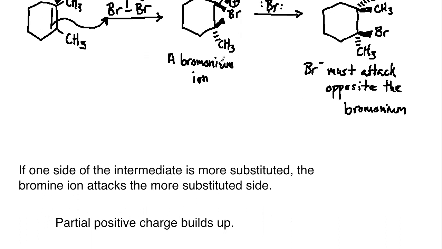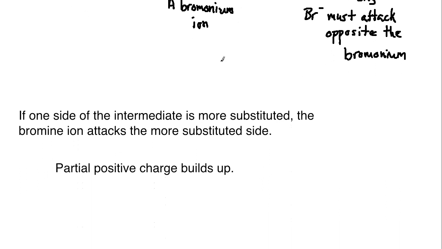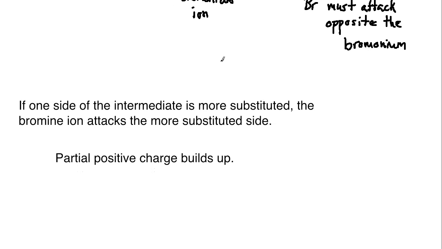Now, what you also have to realize, and it's not as evident from the product when you look at it, is that when you are doing this mechanism, if you have one side of the bromonium intermediate that is more substituted than the other, meaning you have a tertiary site versus a secondary versus a primary, and so on, the bromide ion is going to attack the more substituted side.